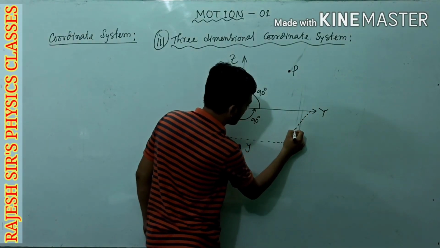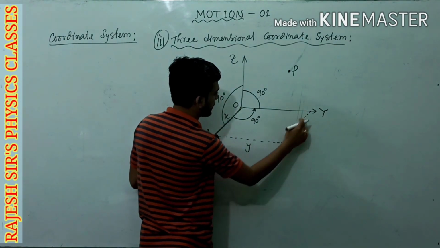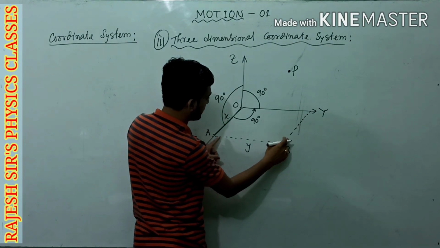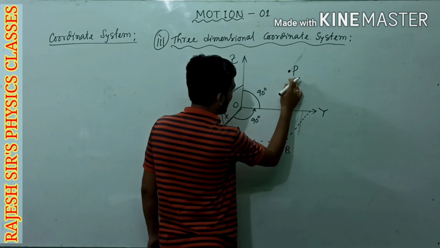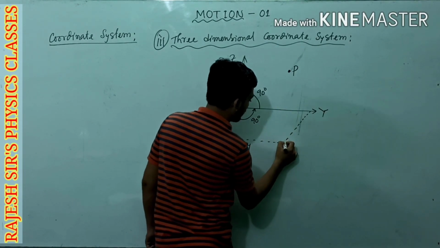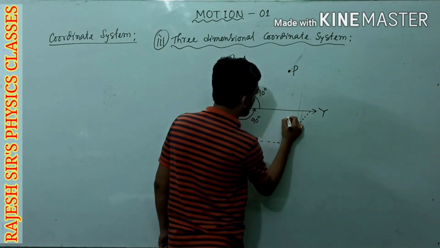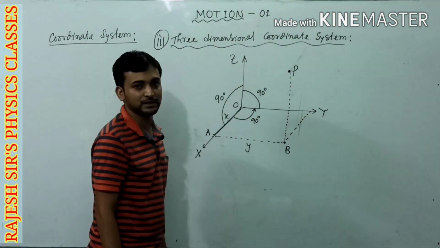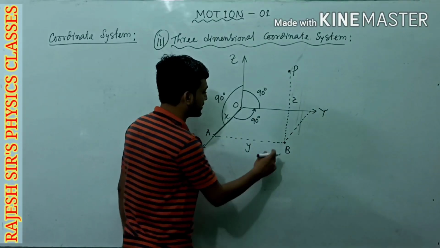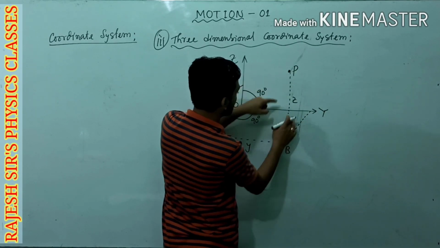From here. We are going to consider one parallelogram. This AB will be this much. Now at last we are to reach the point P. What we need to do? We are to move to point P parallel to z axis, and let this distance BP be z.